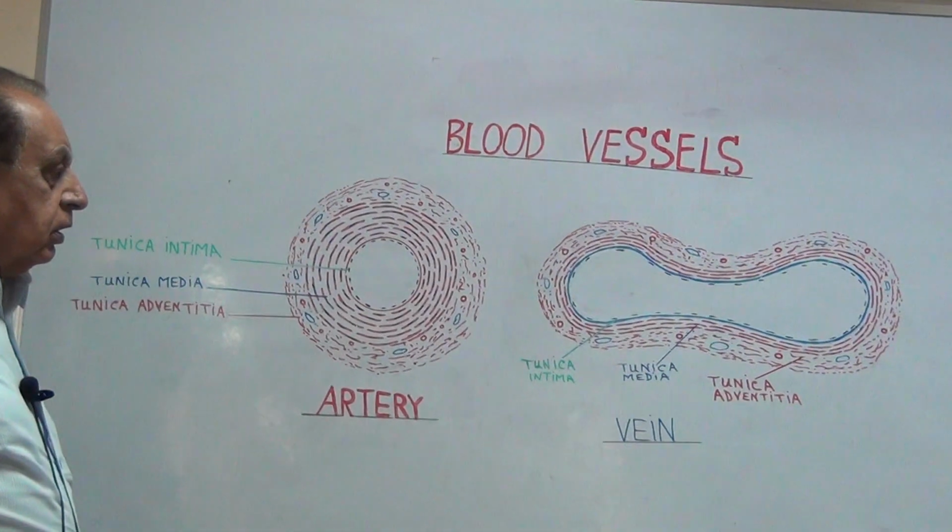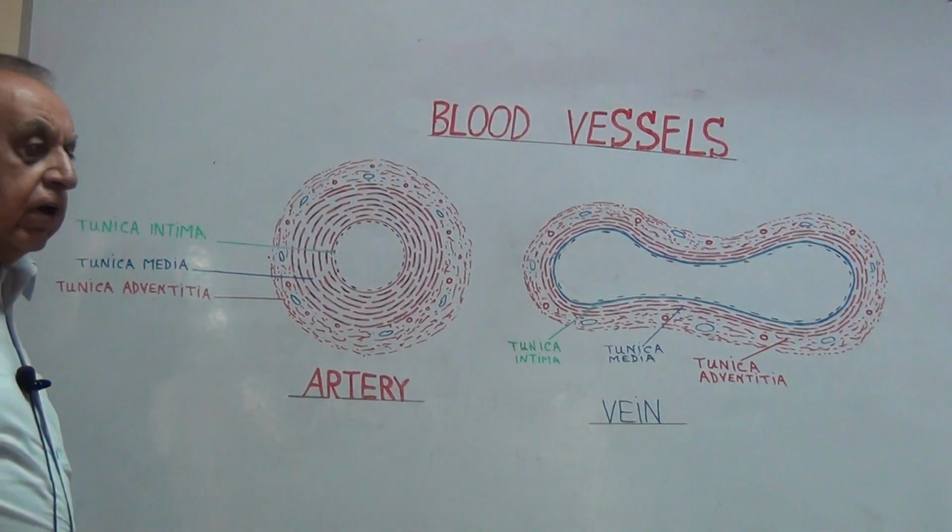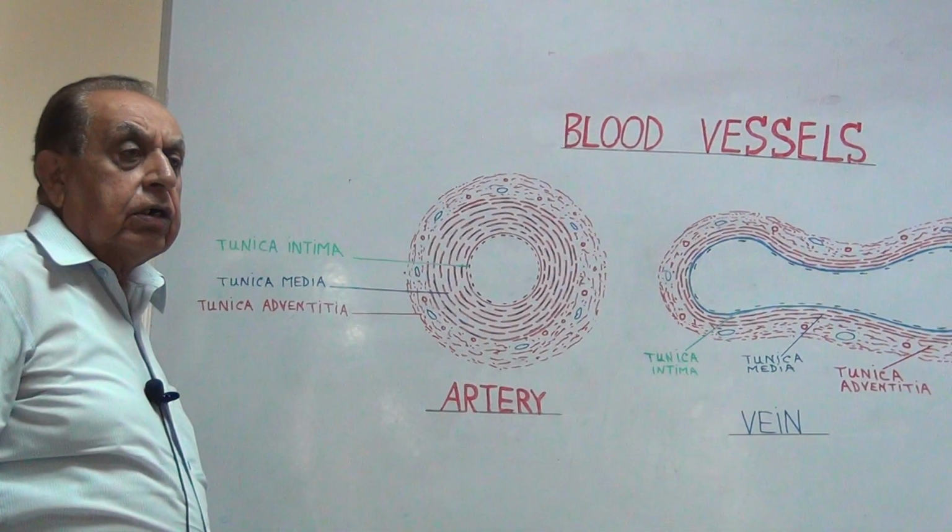The arteries and veins have three layers or tunics.